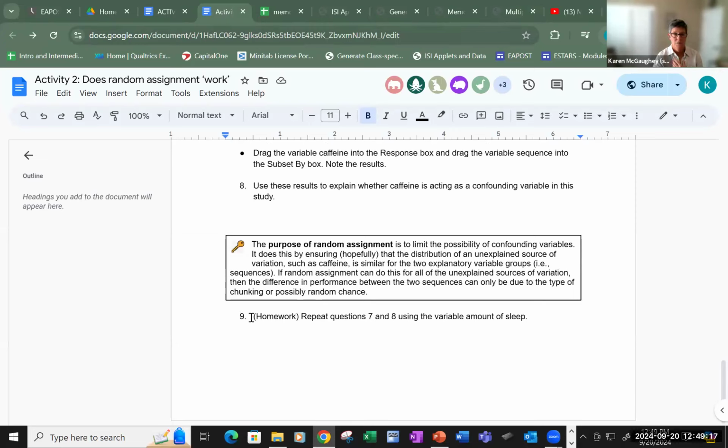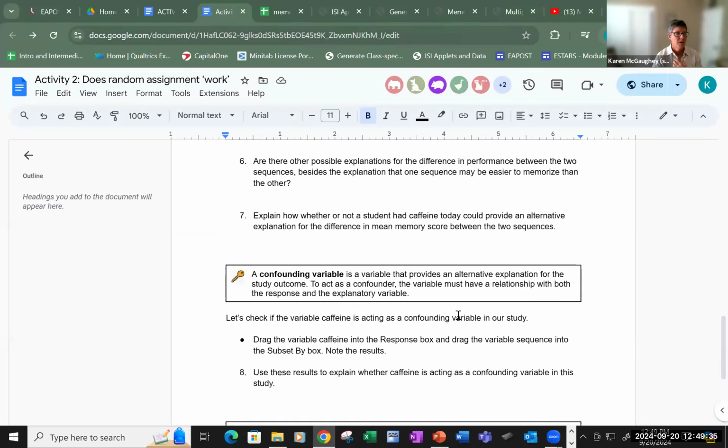For students in a second course in statistics, I would give them sleep as a homework assignment. They need to get more sleep, obviously, but I would have them use the variable amount of sleep. I would give them the data and have them repeat questions 7 and 8 using sleep.